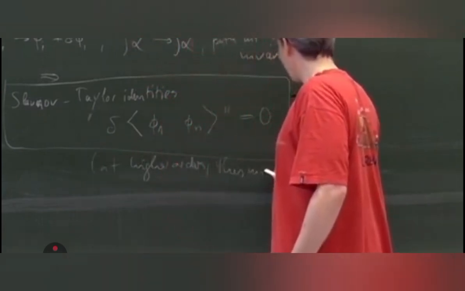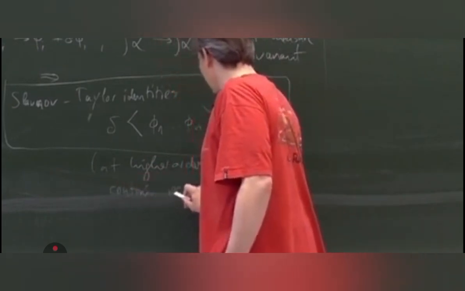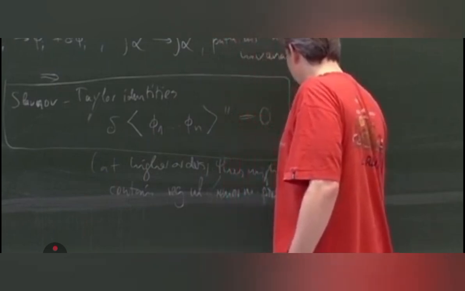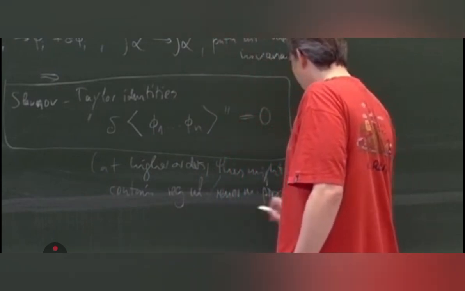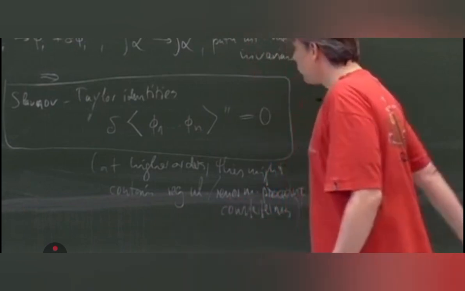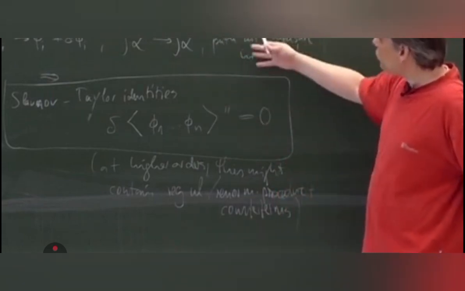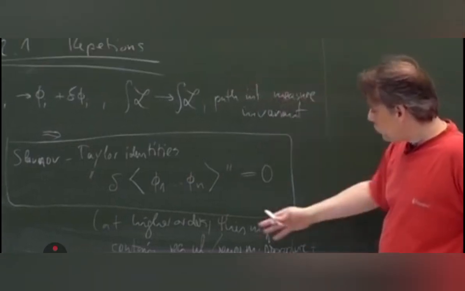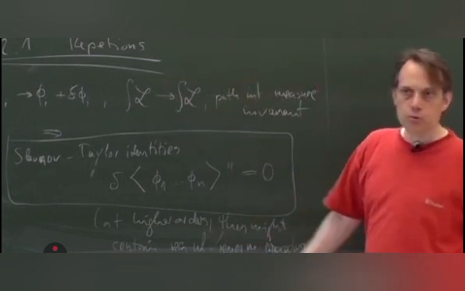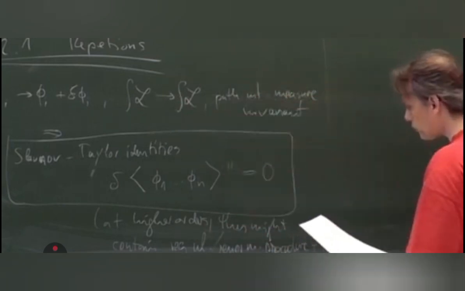This might contain regularization, renormalization procedure, and counter terms. And so then, in that sense, it might be a non-trivial question whether the path integral measure which takes this into account is really invariant, and whether the Lagrangian which takes this into account is really invariant, and so on. But under the assumption that it is valid, the Slavnov-Taylor identities must hold.